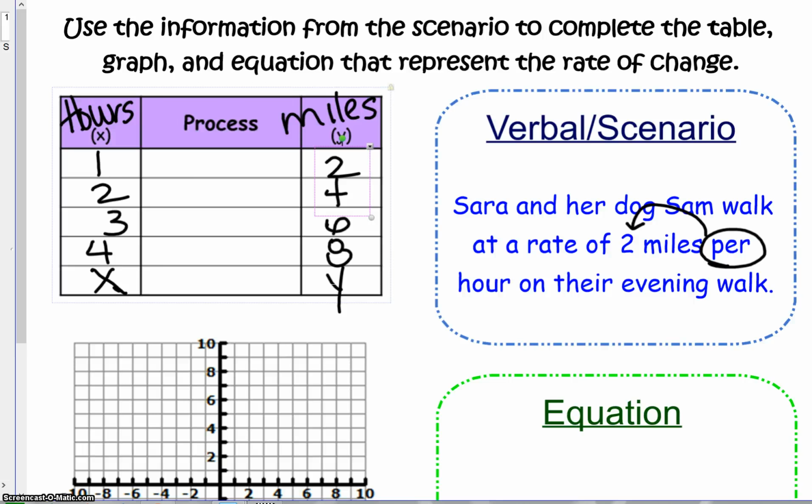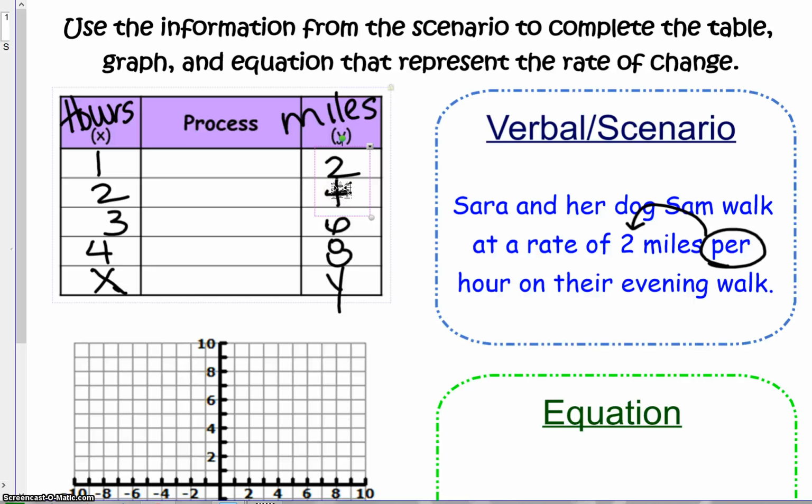So before we can start, we need to go ahead and figure out our process. How do you get from 1 to 2? If you remember, I told you to always start with multiplication. How do you get from 1 to 2? You multiply by 2. Once you figure that out, see if it works for the whole table. 2 times 2 does equal 4. 4 times 2 equals 8.